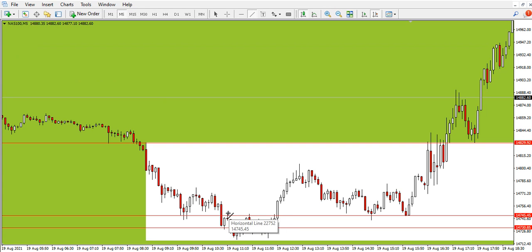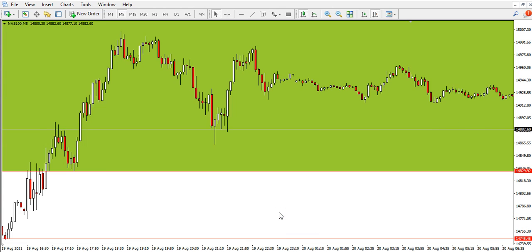This move here, this structure was broken here, and then the last bearish candle before the move up is this one here. This is the last bearish candle before the move that broke the structure up here.